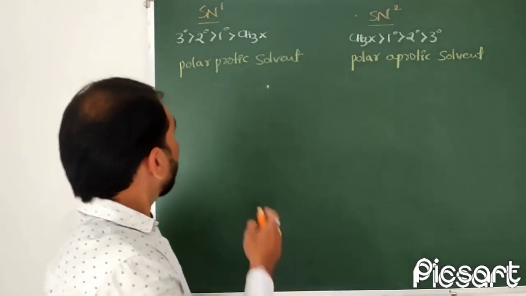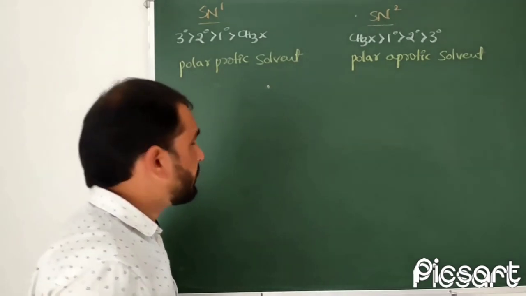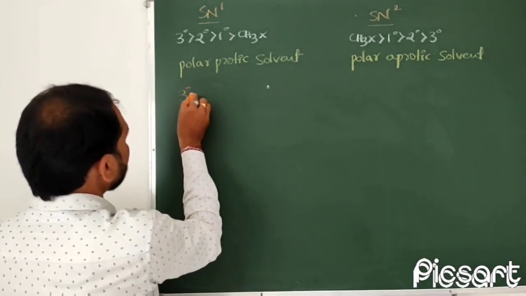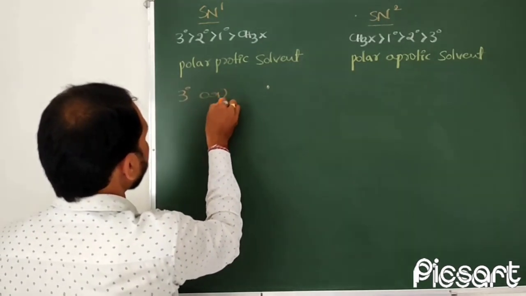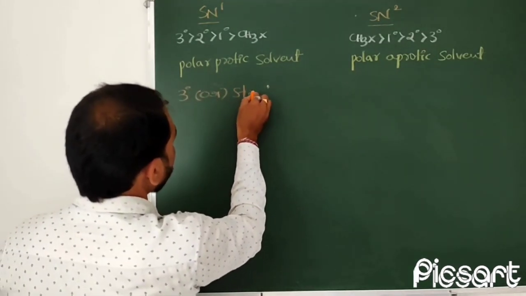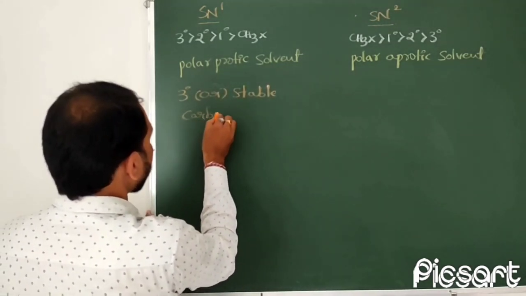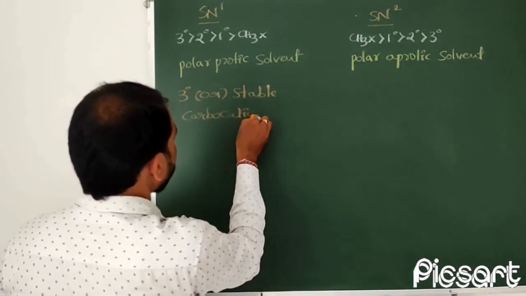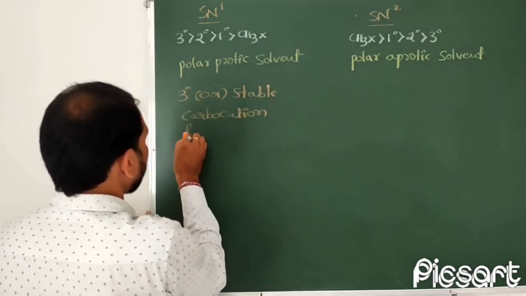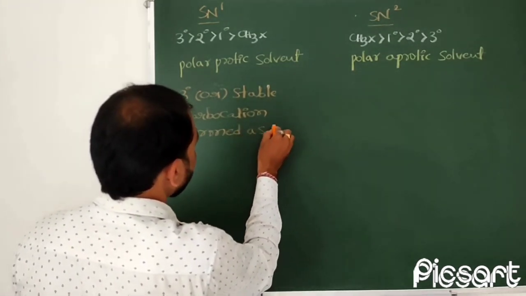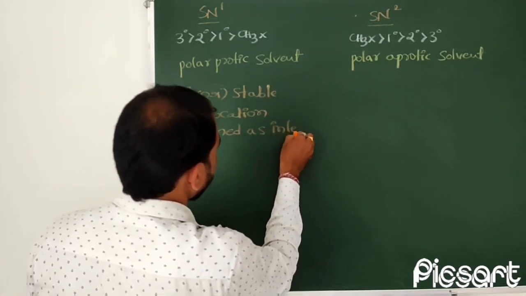Okay, then coming to the SN1 reaction. In the SN1 reaction, a 3 degree or stable carbocation is formed as intermediate.